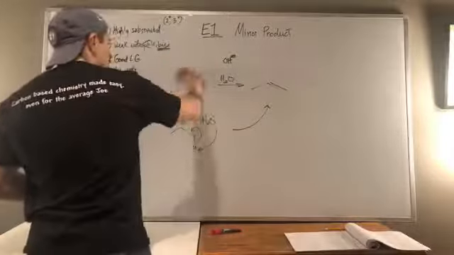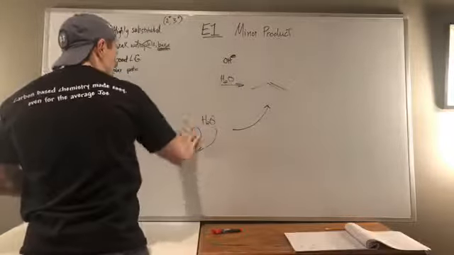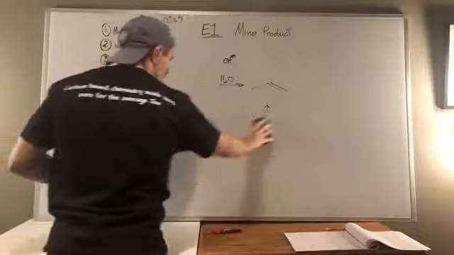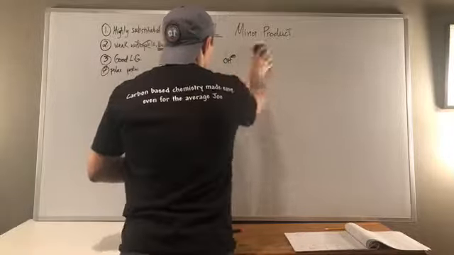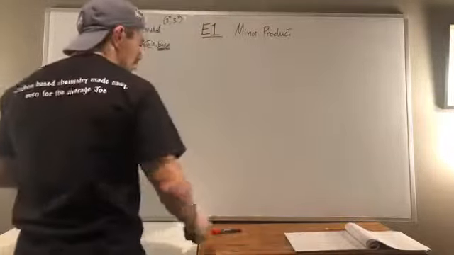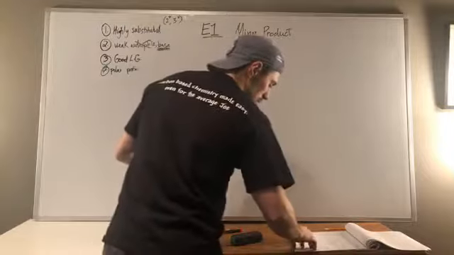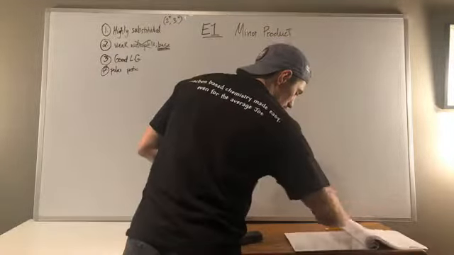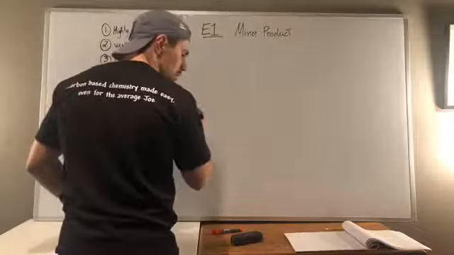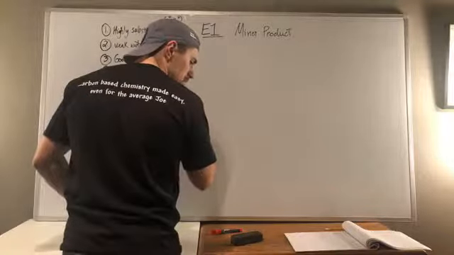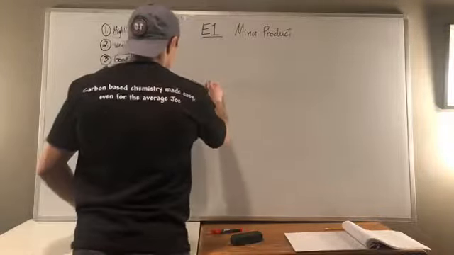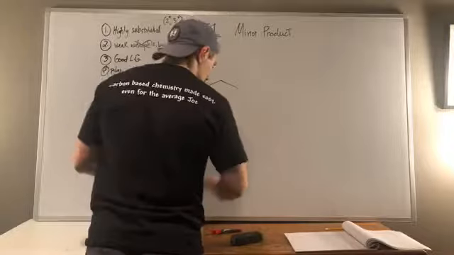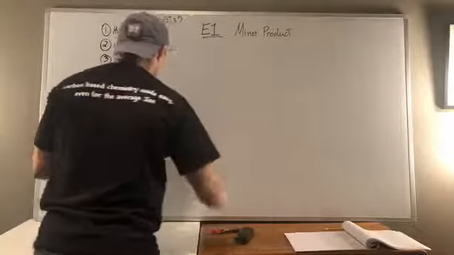So the thing with E1 is we need to look out for shifts. Shifts are in play. Let's do an example, and then I'll explain what you can do to get a little bit more E1 product when you want some. So let's do this. I'm going to drop a little bit more to the left, give myself some room.